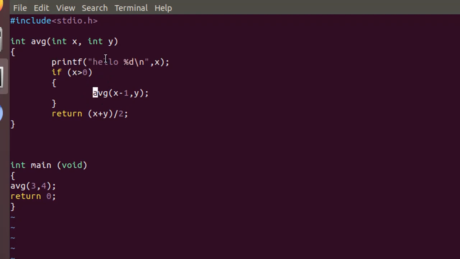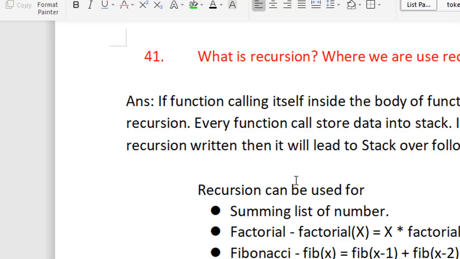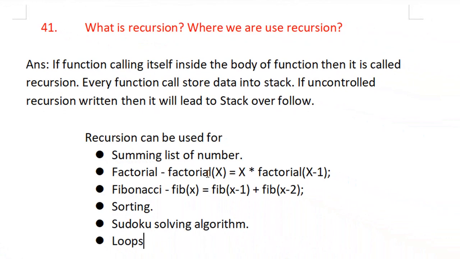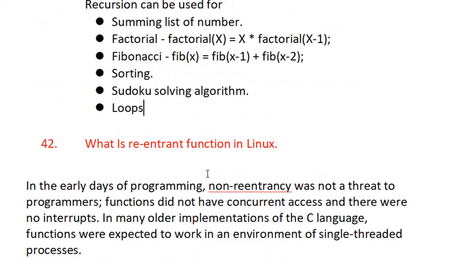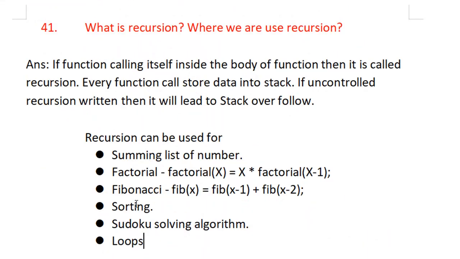If we want to print some numbers in reverse order, that time also we will be able to use it. So that is a few of the use cases of recursion. What recursion is, we are already aware of, but just know the uses of recursion.